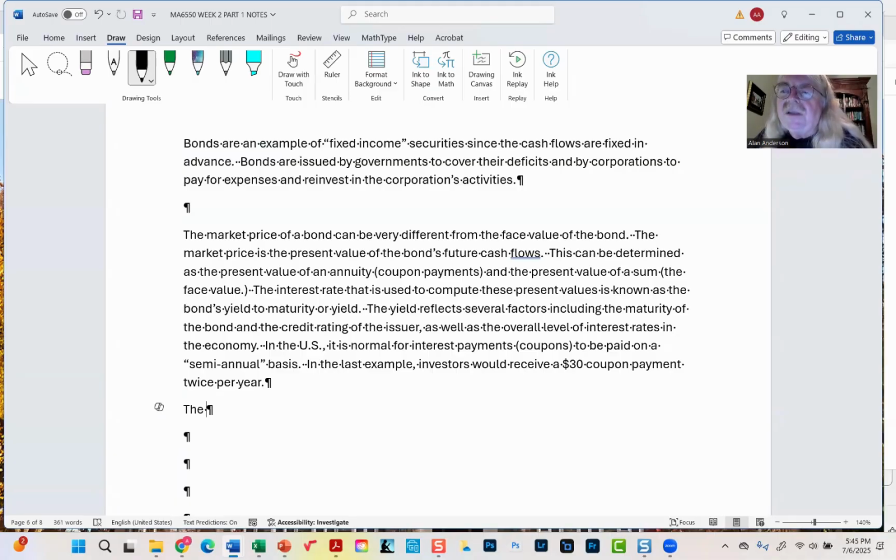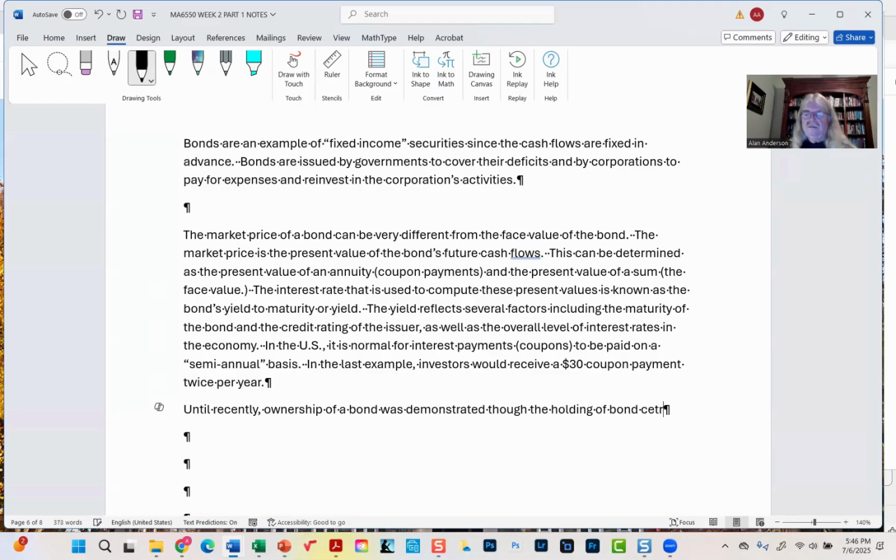So how did this happen to be the name of the cash flows in a bond? Well, until recently, ownership of a bond was demonstrated through the holding of bond certificates.